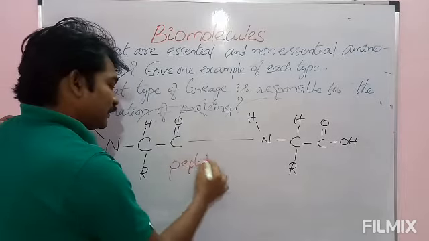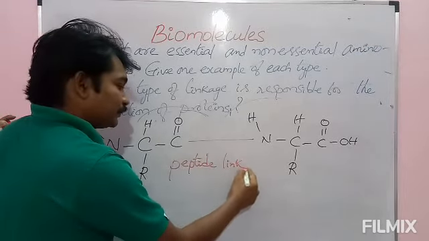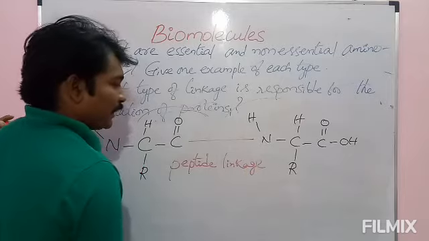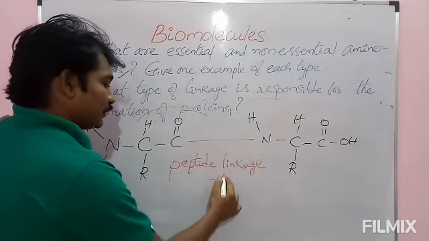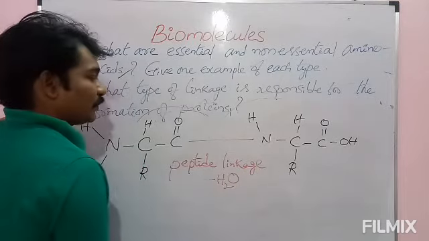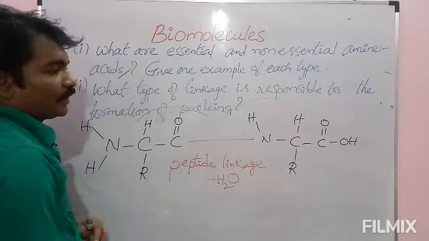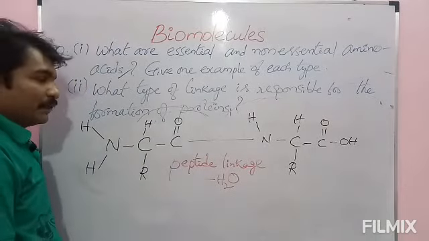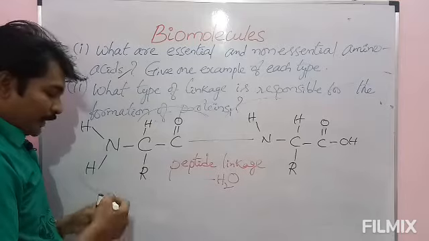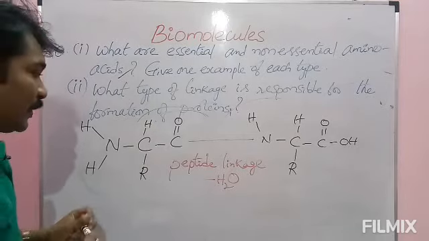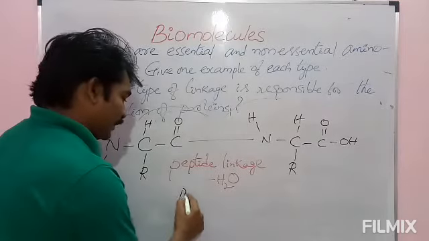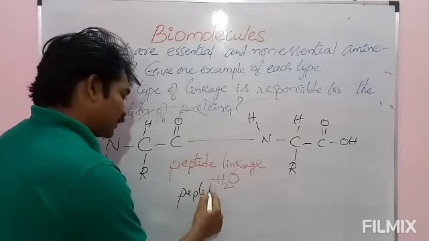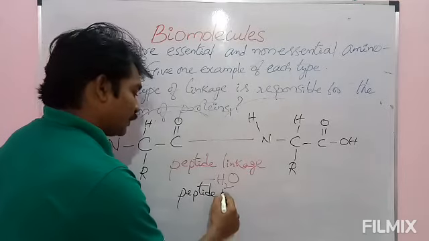Peptide linkage is formed by losing one water molecule when two amino acids join with each other. And peptide linkage is also called peptide bond. Both are the same. Peptide bond, peptide linkage, both are the same.